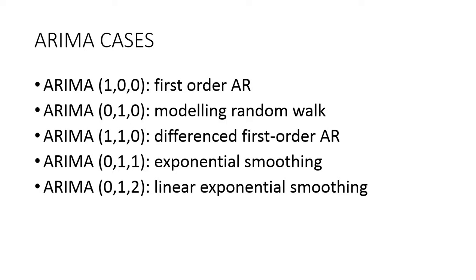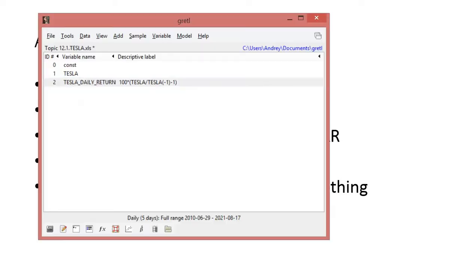Actually, the specification of ARIMA might be done the other way around. You can decide on the specification of ARIMA based on analysis of the correlogram. I will show you.